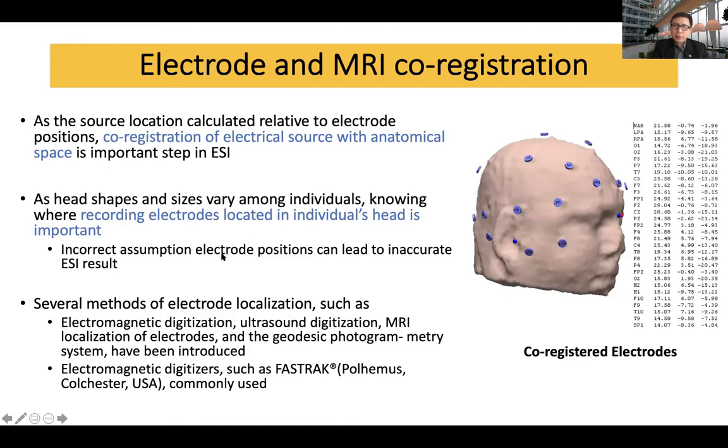Incorrect assumption of electrode position can lead to inaccurate ESI results. Several methods of electrode localization have been used, such as electromagnetic digitization, ultrasound digitization, MRI localization of electrodes, and the geodesic photogrammetry system has been introduced. Electromagnetic digitization is commonly used.